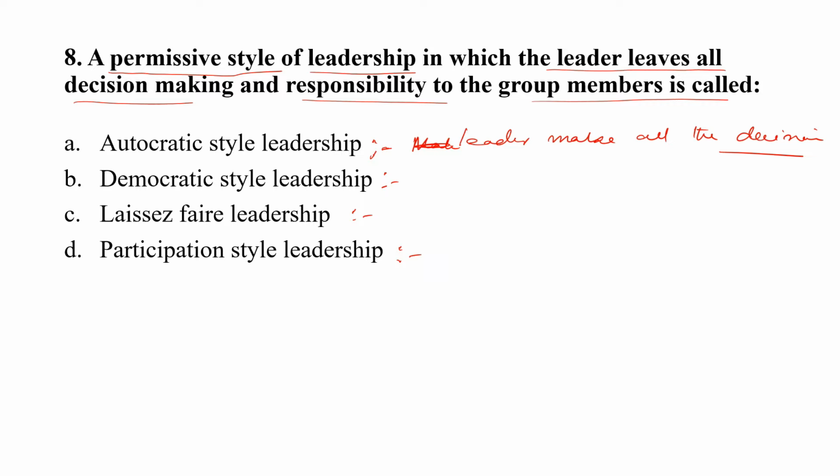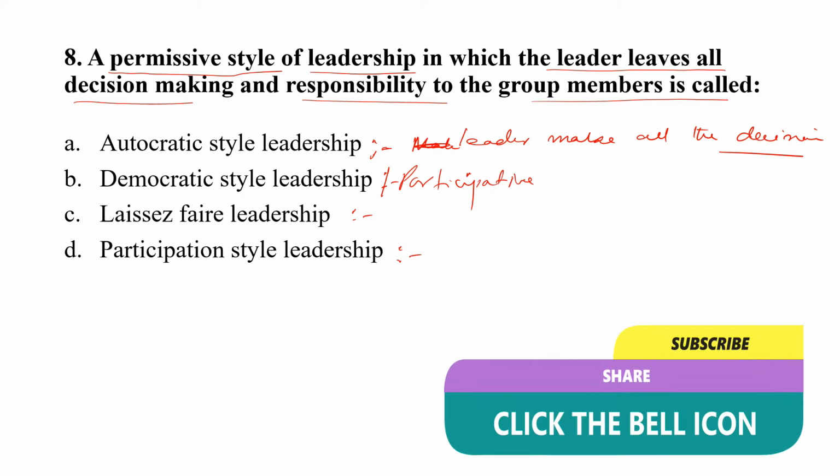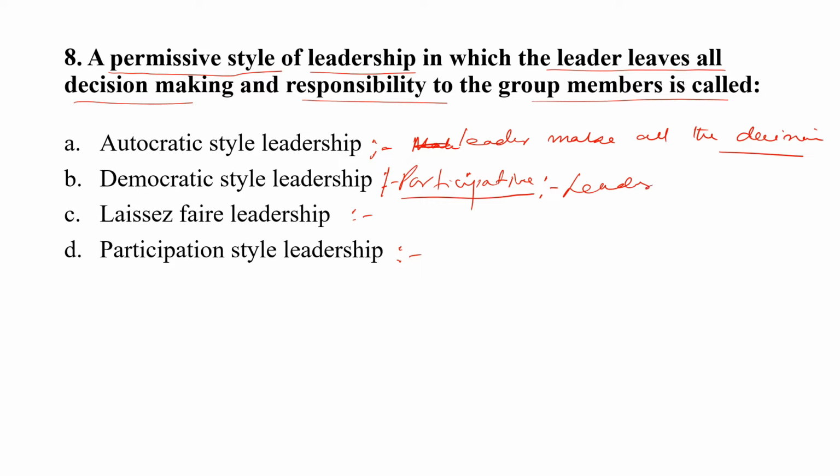What is democratic? Democratic is also called the participative style of leadership. Here, the leader involves other members of the group in the decision making process.